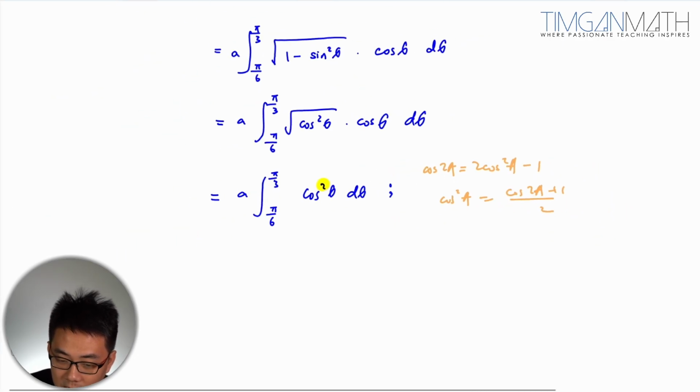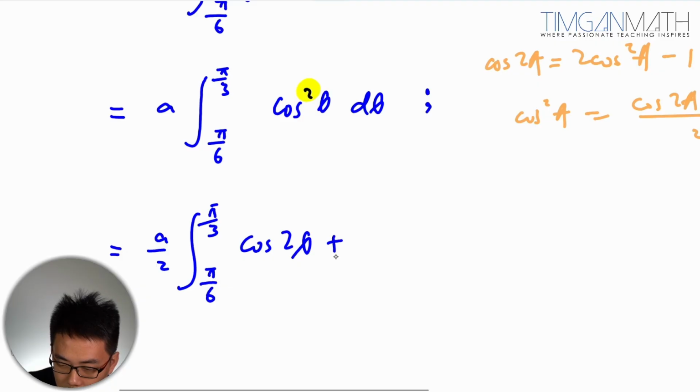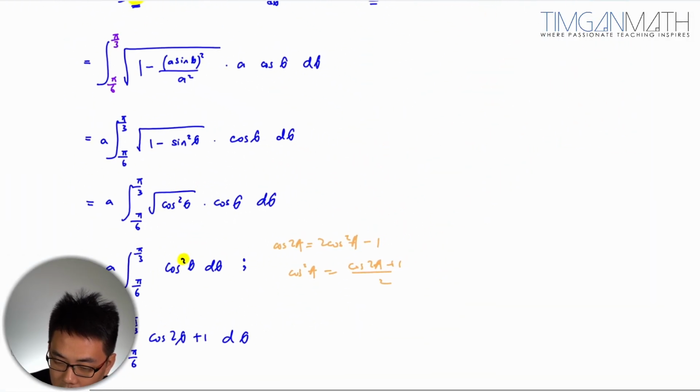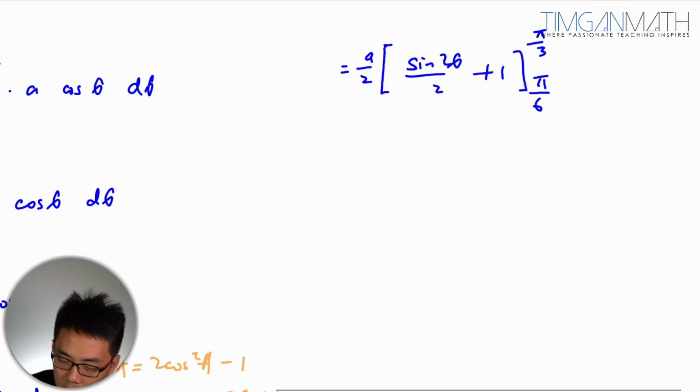So in this case, this will just be a over 2, integrate it, with sine 2 theta over 2 plus 1, from pi over 6 to pi over 3. Key in calculator.